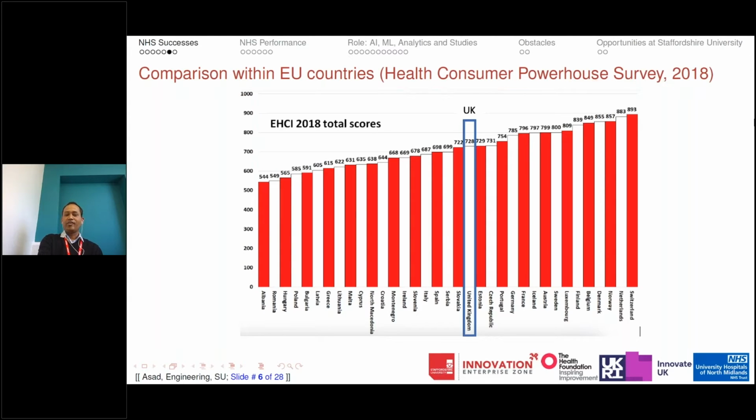Now, if you look at what happened in Health Consumer Powerhouse Survey in 2018, well, things have even got worse. In 2017 survey, UK was ranked 15th, whereas in 2018 it is 16th. So one rank gone down.